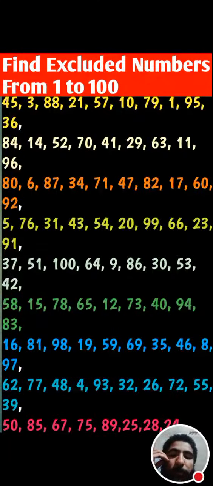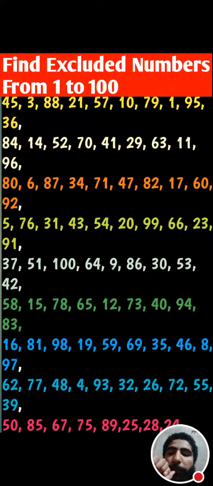So till now we have found 5 numbers, and we have cleared that we have one number that is missing, that is 2. We found 1, 3, 4, 5, 6.